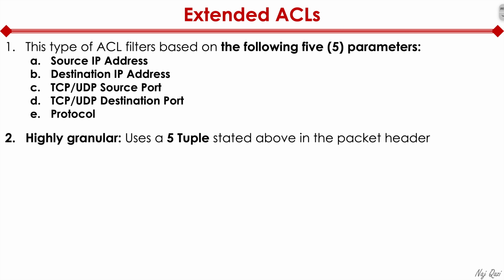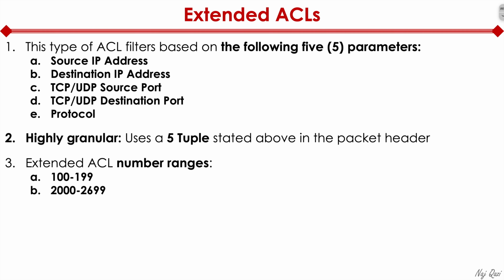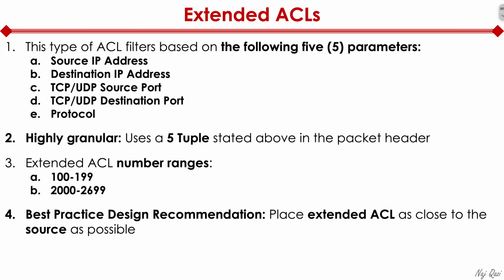Combined together, we call that a 5-tuple. And this makes extended ACLs highly granular because we are able to match on so many different fields within the IP packet header. Here are the extended ACL number ranges. We go from 100 through 199, and the expanded range goes from 2000 through 2699.